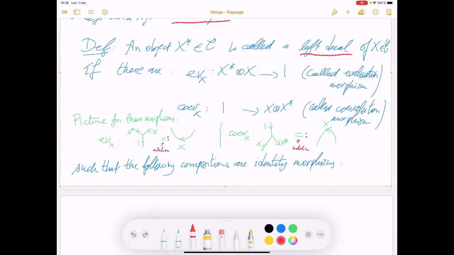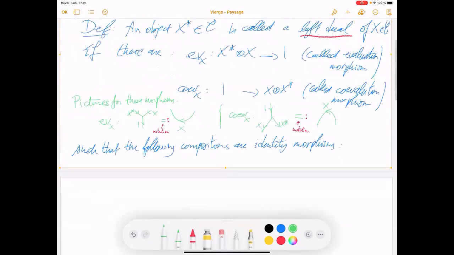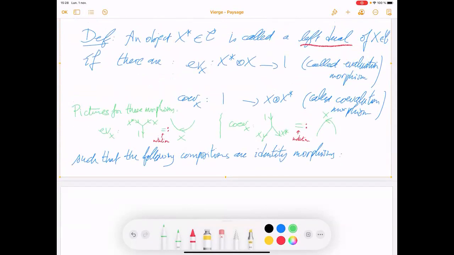So two pictures, the picture for the evaluation and co-evaluation map. So these pictures are not in the book, but I think it's relevant.